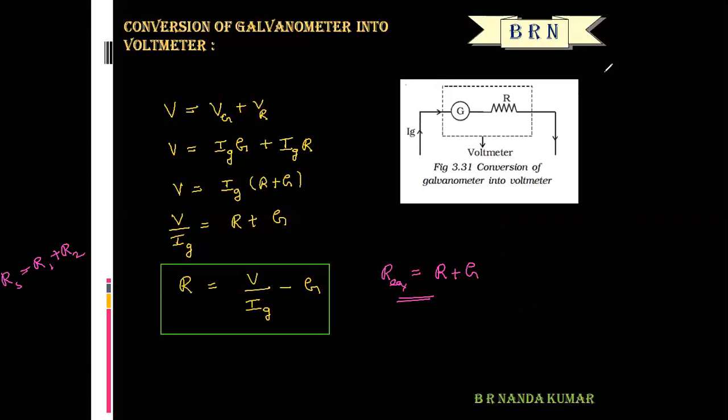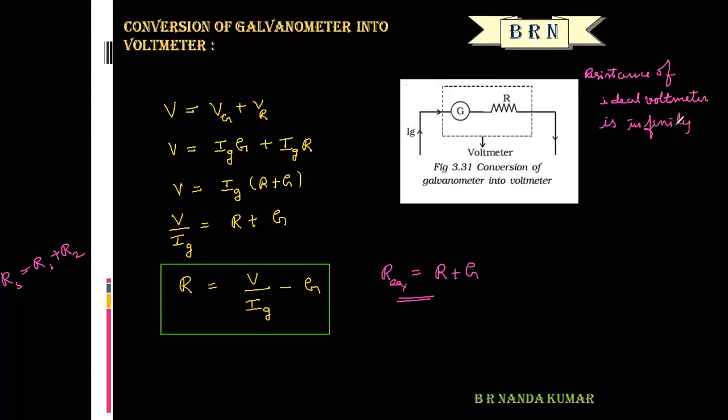So what is the resistance of an ideal voltmeter? This is very important. Resistance of an ideal voltmeter is infinity.